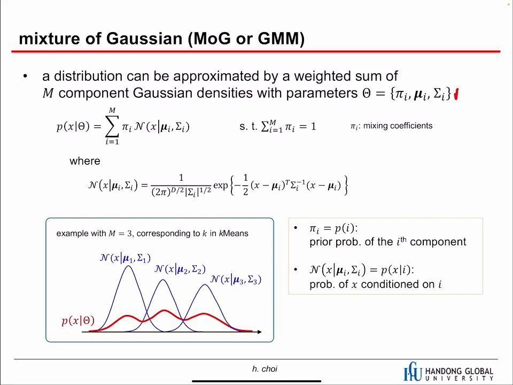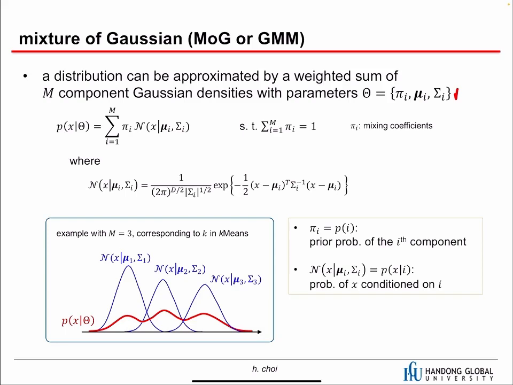Okay, in the previous chapters, we talked about a maximum likelihood estimate for a single Gaussian distribution. In that case, we assume that all the data samples can be approximately modeled by one single Gaussian distribution.